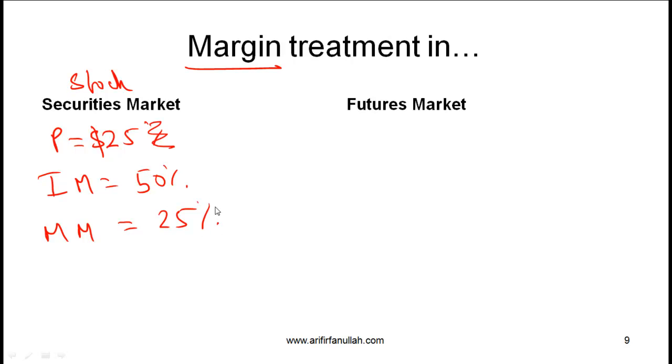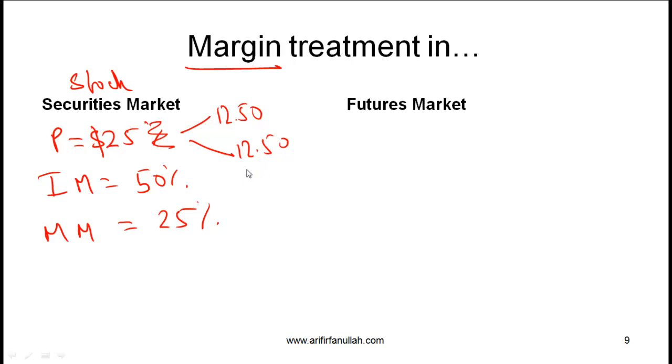Then what did this mean? This meant that to buy this $25 stock, with an initial margin of 50%, you put in $12.50 of your money and you can borrow $12.50.